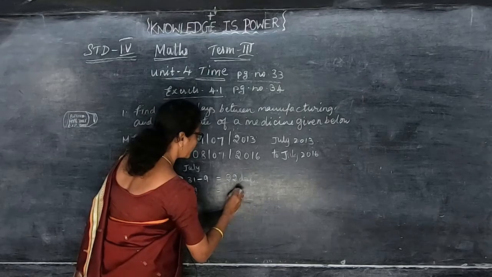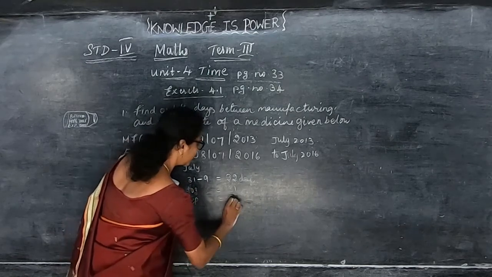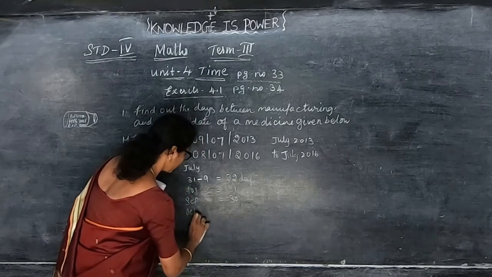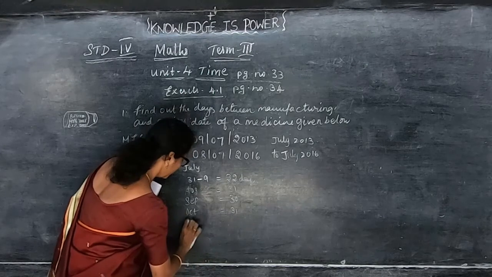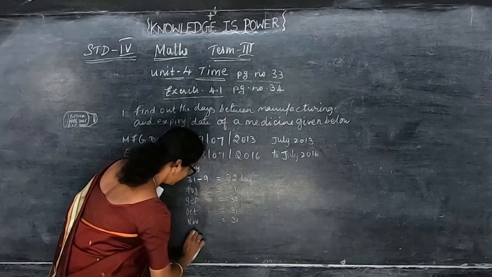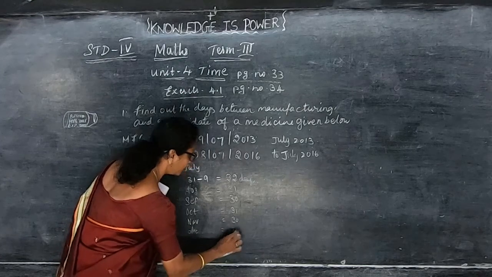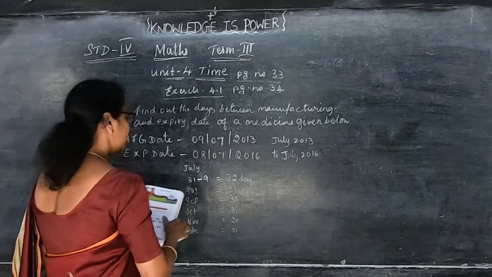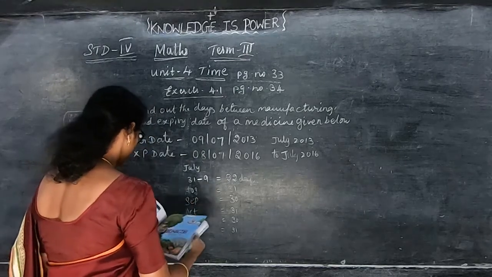July, then August 31 days, September 30 days, October 31, November 30 days, December 31. Like that, till the next July we have to write how many days.